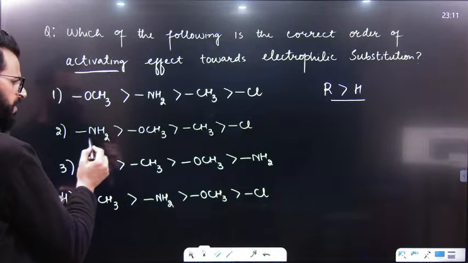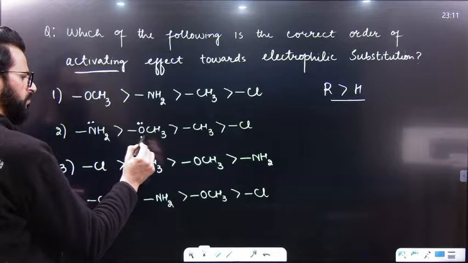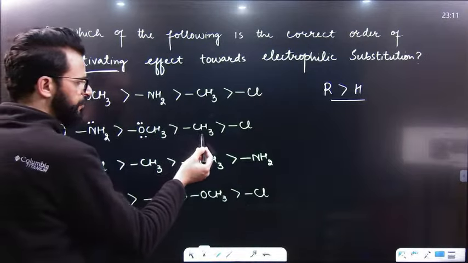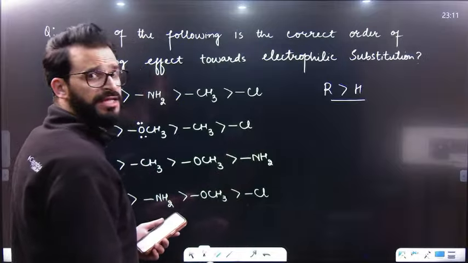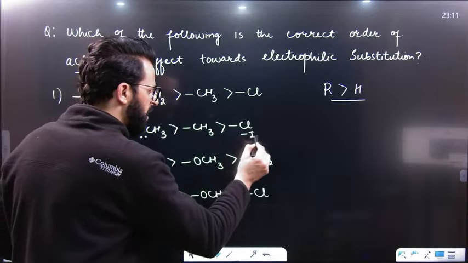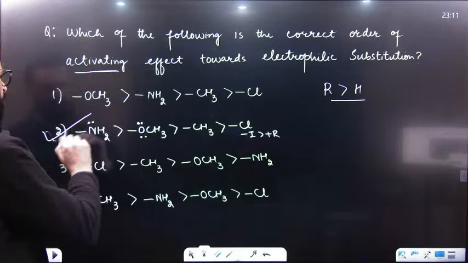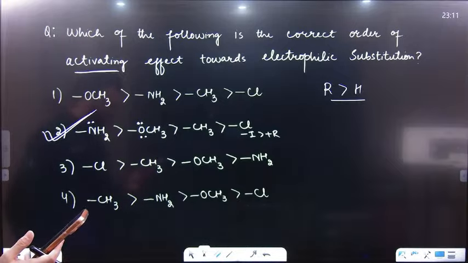So NH2 first, after that OCH3, then it will show plus H. But here we know Cl is deactivating because its minus I is stronger than its plus R. So that's why this will be the option. This is the option of our question.